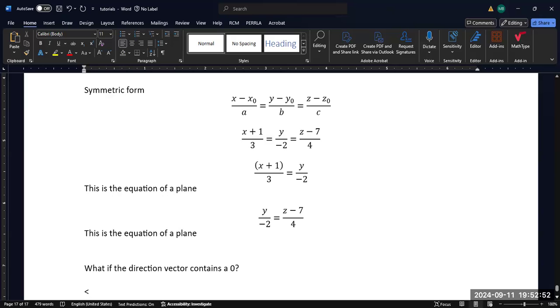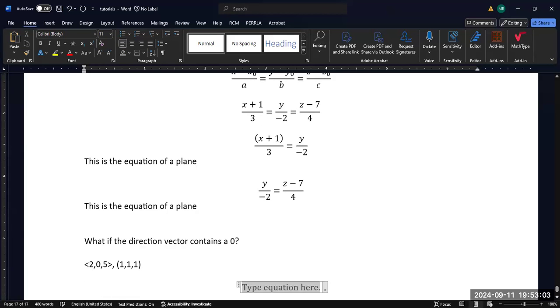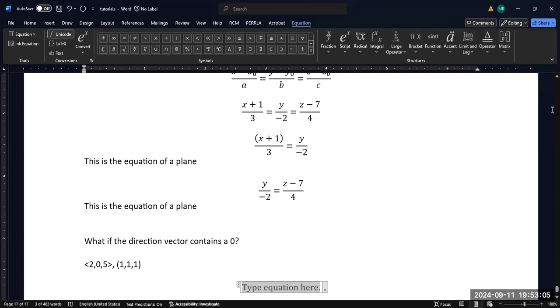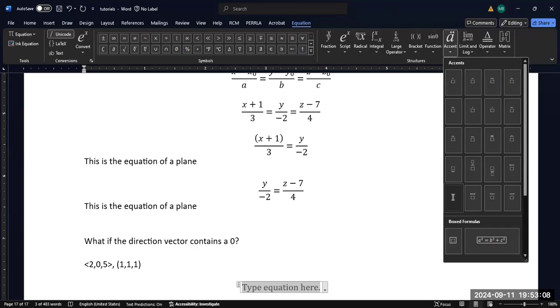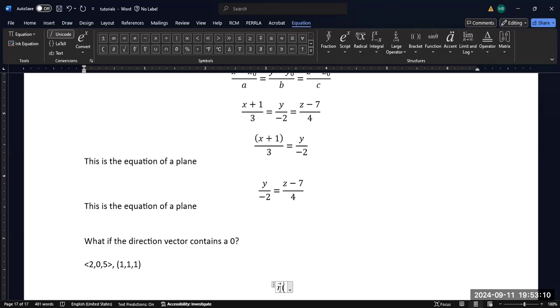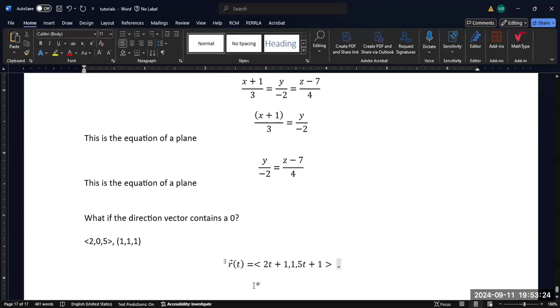So consider 2, 0, 5 as my direction vector and my point 1, 1, 1. So in, let's say, the vector valued function form, I would get (2t plus 1, 0t plus 1, 5t plus 1), and that would be my vector valued function form.